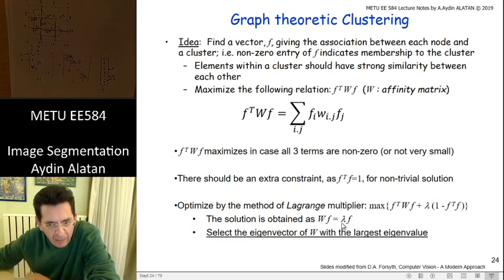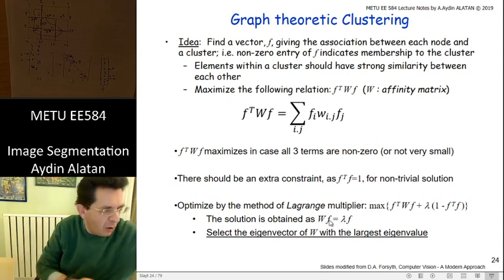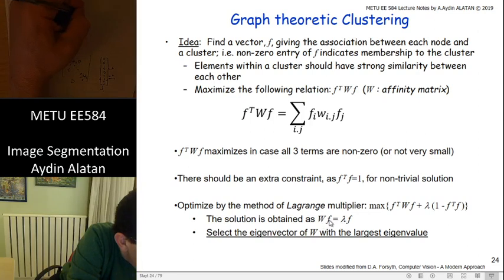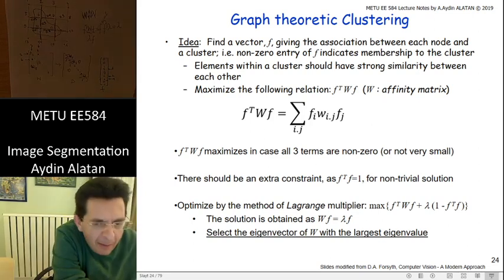Therefore, please note, since we are trying to maximize this, this is equal to lambda f. Therefore, f transpose f lambda is scalar. That is eigenvector norm equal to 1. Therefore, the maximization thing is lambda.